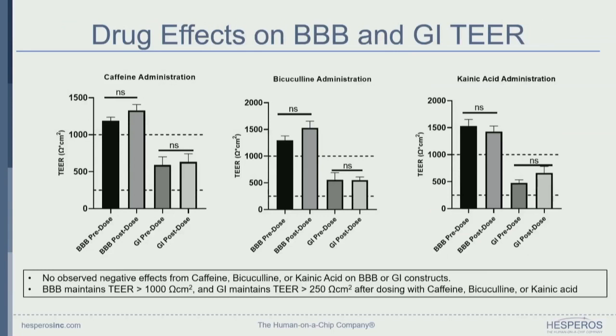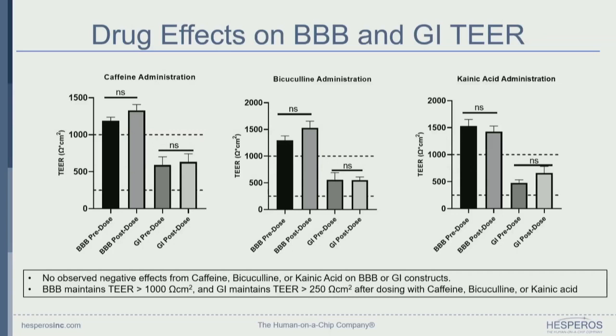So characterizing the systems that we presented before, looking at the very left, you're looking essentially after administration of 3 different drugs: caffeine on the left, bicuculline in the middle, and kainic acid on the right side. This we were looking at because caffeine should flow freely between the GI and the BBB.